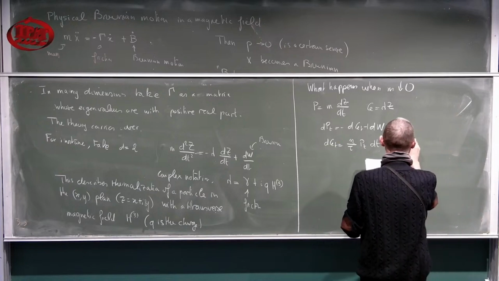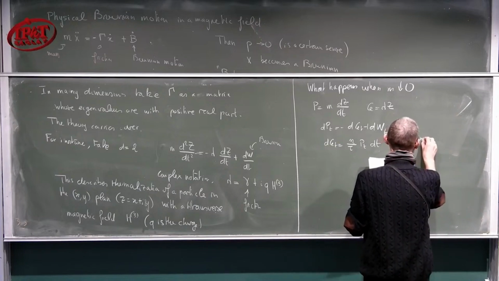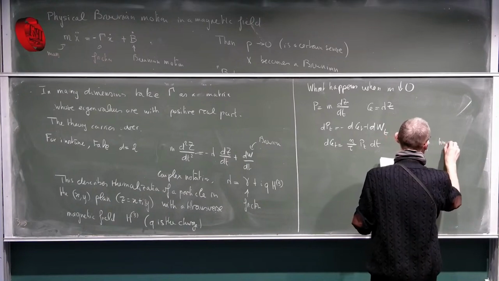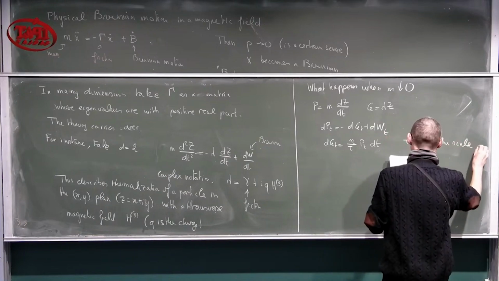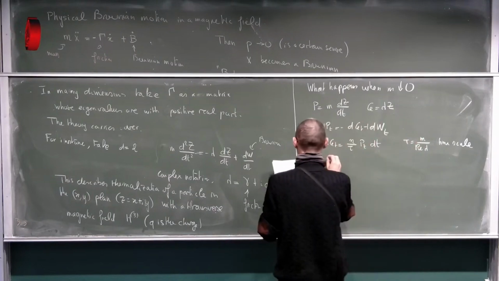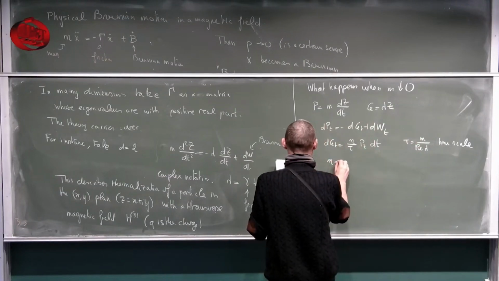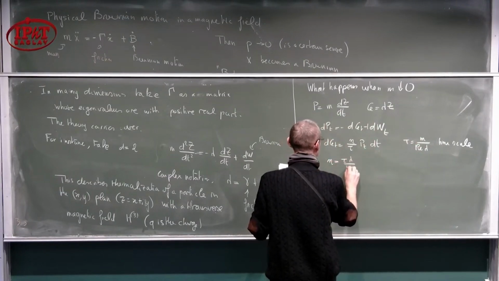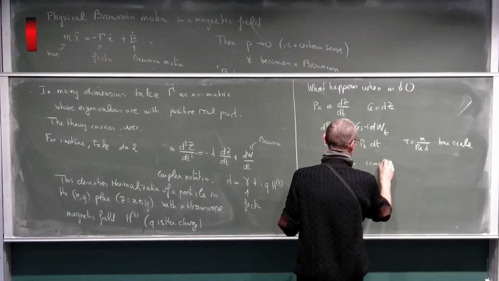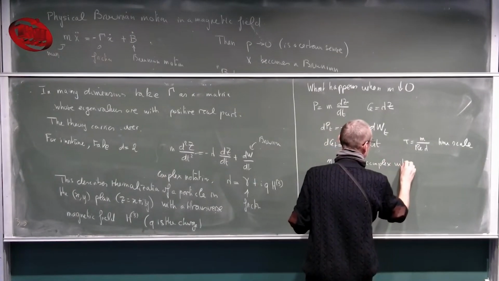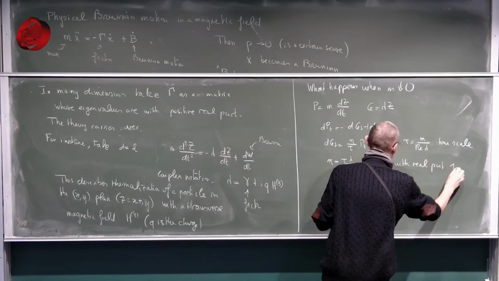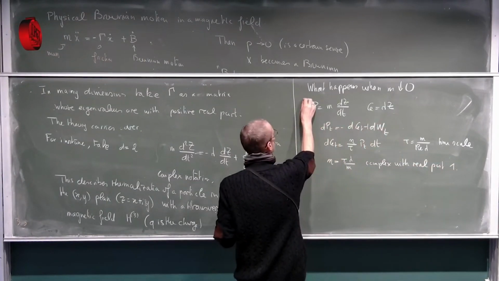So tau is just a time scale. It's m divided by the real part of lambda. And eta is tau lambda divided by m, and it's a complex number with real part 1. This is a way to rewrite things.